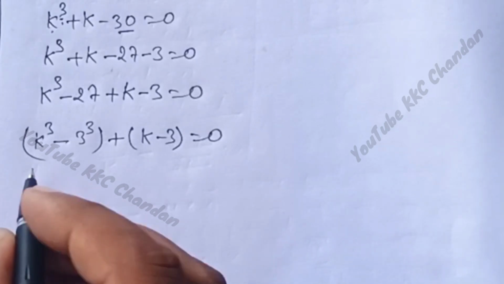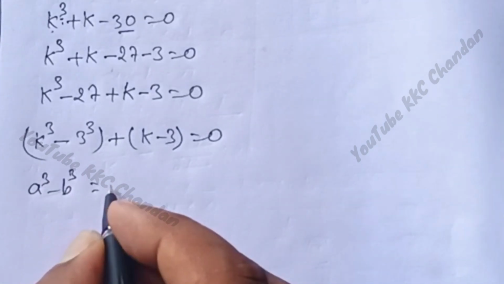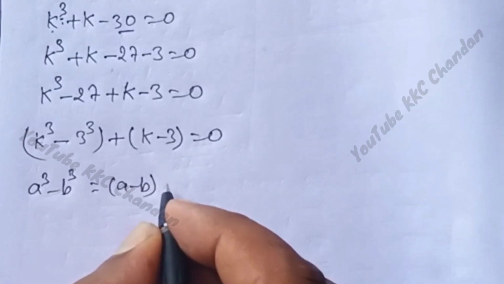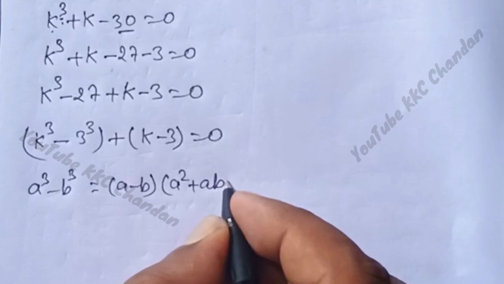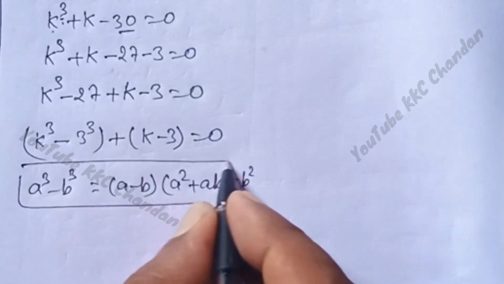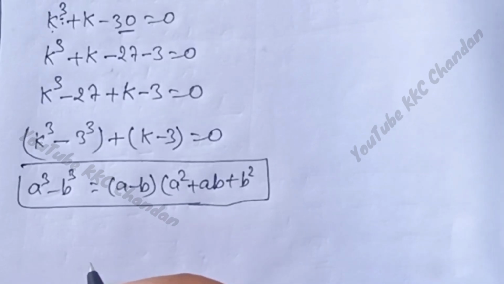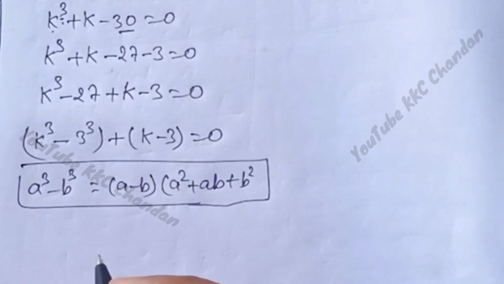This is in the form of a cube minus b cube, which is equal to a minus b into a square plus ab plus b square. This is the a cube minus b cube formula. So use this formula in this place.